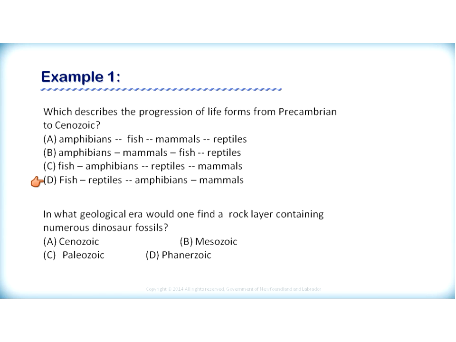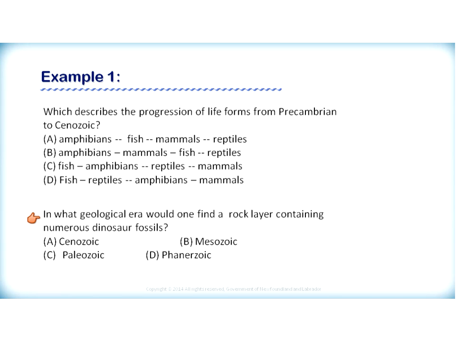Again, we have fish as our first two choices, and in the evolution of life, we just need to know that amphibians, which were present in the late Paleozoic Era, eventually evolved into the first reptiles, which moved and lived on land full time. And then we would know our best choice for question number 1 is C. Fish evolved into amphibians, which evolved into reptiles, and lastly evolved into mammals, which dominate the Cenozoic Era.